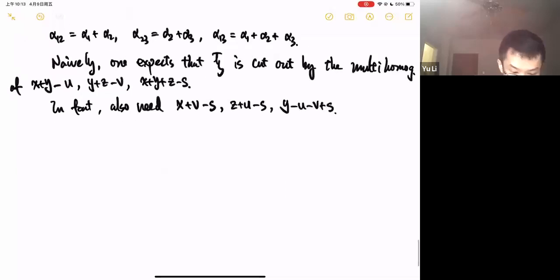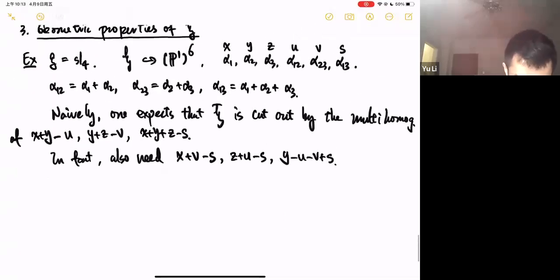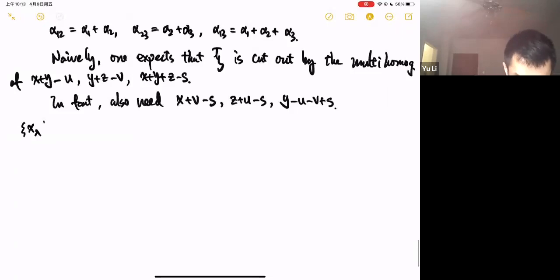So then what I do is as follows. I'll introduce x lambda. So these are inhomogeneous coordinates on P1 to the Phi plus.